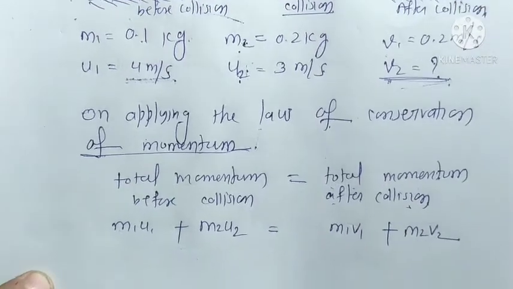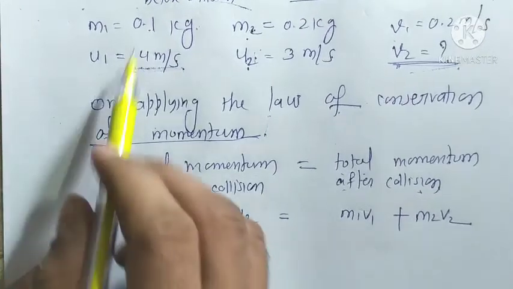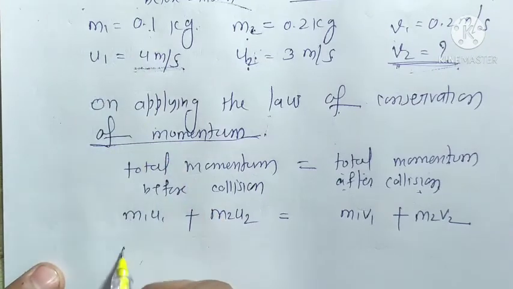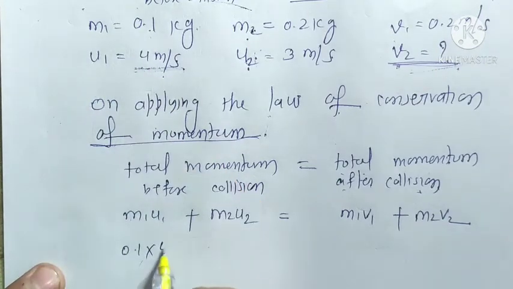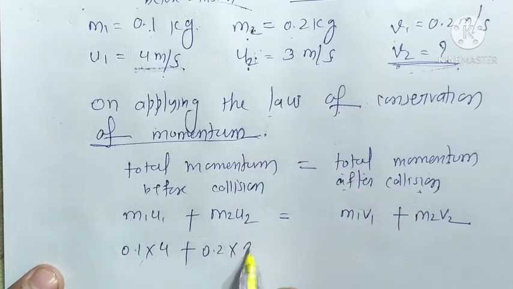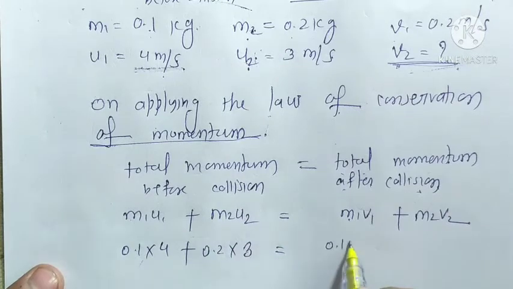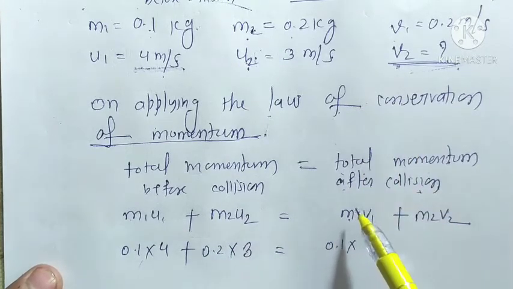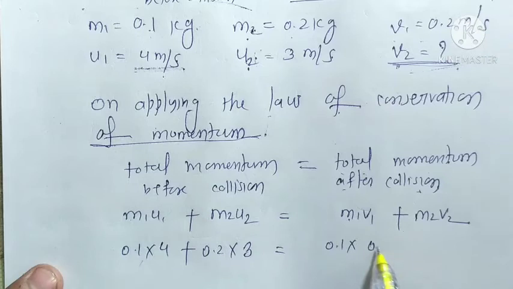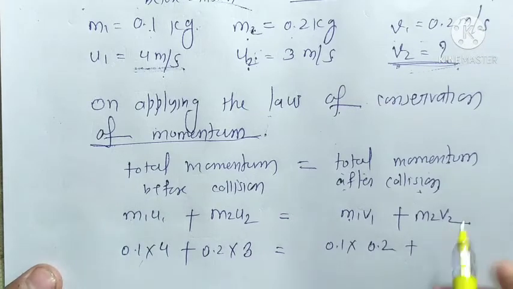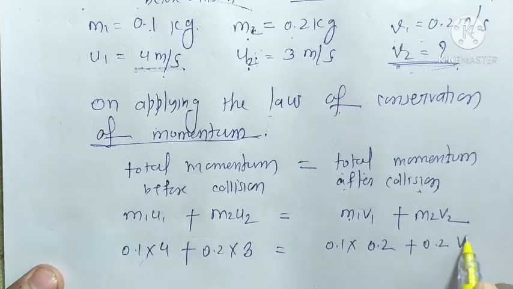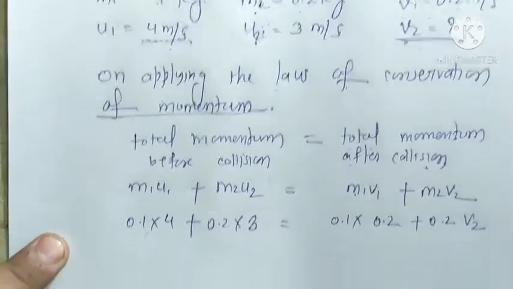Now we put the values: m1 is 0.1 into 4, plus m2 0.2 kg into u2 3, is equal to 0.1 into v1, 0.2, plus 0.2 into v2, which is unknown.